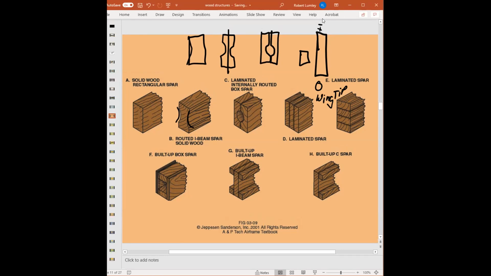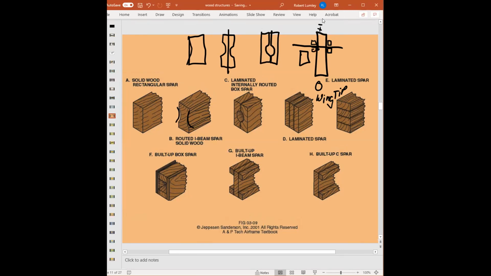Okay, now a rib goes this way. Okay, well, how do we attach the rib to the spar so it doesn't move? Well, we glue it. So what we'll do is we'll glue little wood blocks on all four corners here.